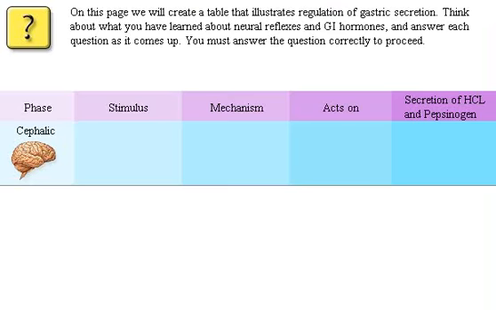On this page, we will build a table that illustrates the regulation of gastric secretion. Think about what you have learned about neural reflexes and GI hormones and answer each question as it comes up. You must answer the question correctly to proceed.